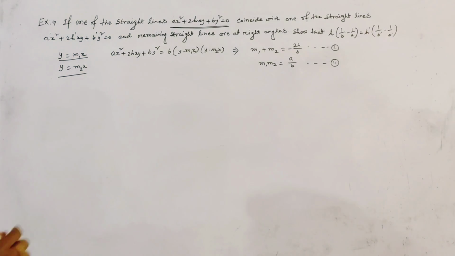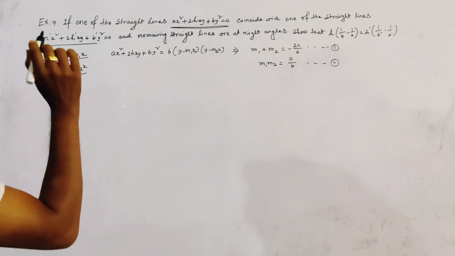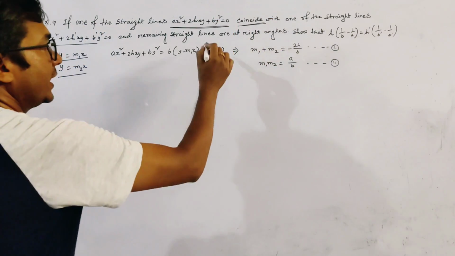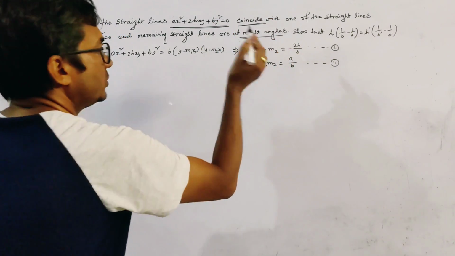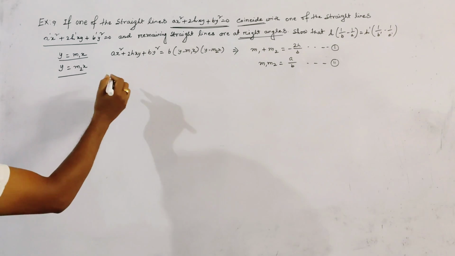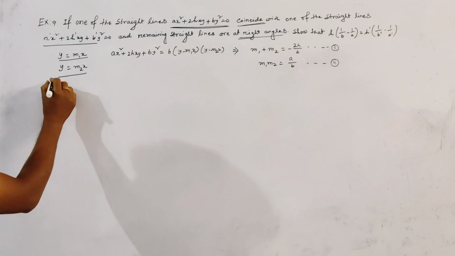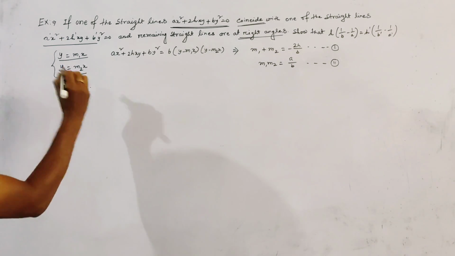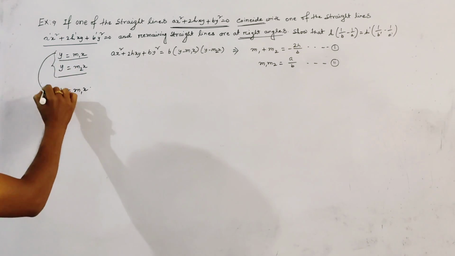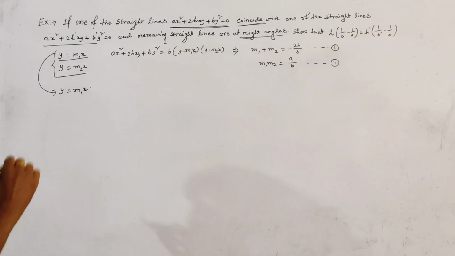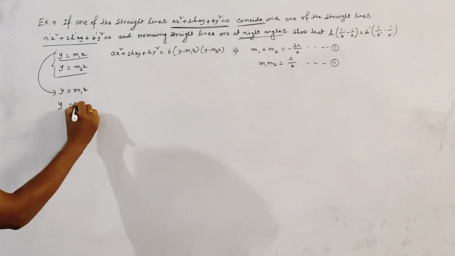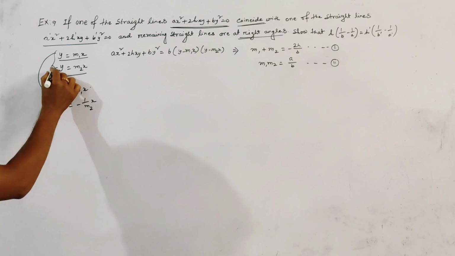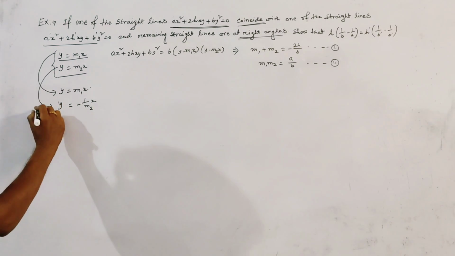And since the second line represents two straight lines, one coincides with the first one and another is at right angle to the first one. So let the two straight lines be, first y = m1x, because this coincides with the first line, and the second y = −(1/m2)x, because this and this are perpendicular.